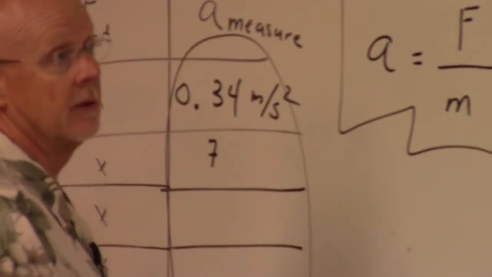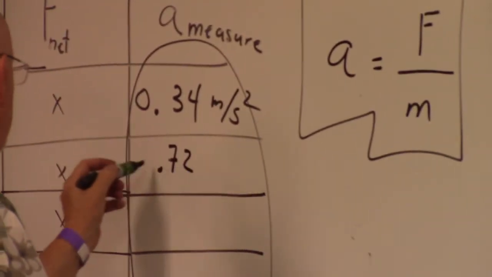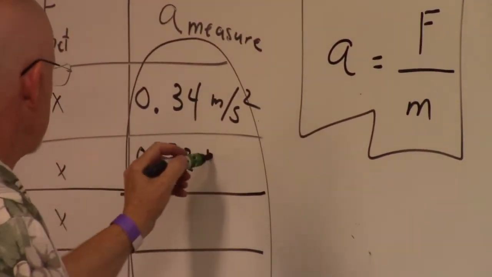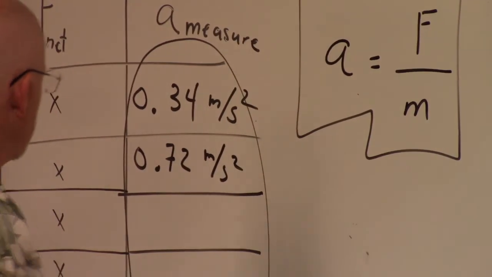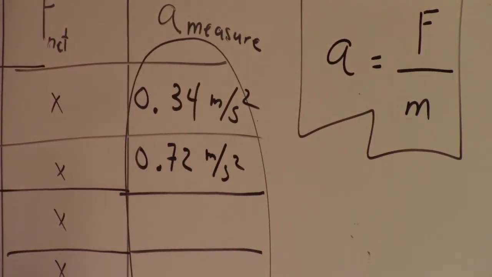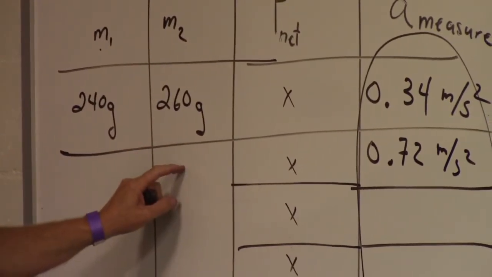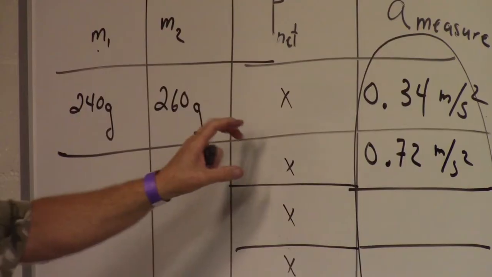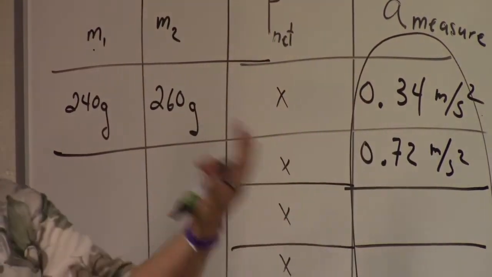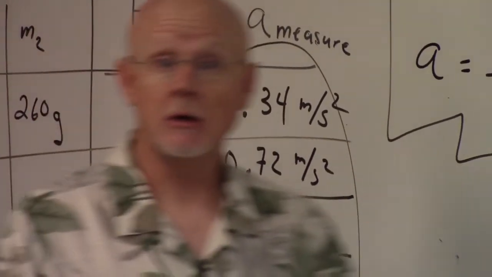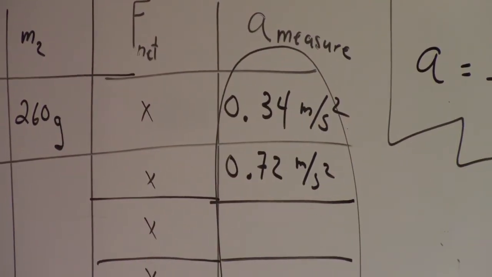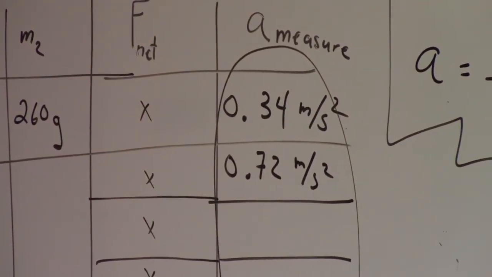So 72. Wait, is this so bad? Didn't I have a difference of 20, now I went to 40. So I doubled the net force and I roughly doubled the acceleration. Okay. No, I don't think there's anything wrong there. Yeah, okay. I was just panicking.